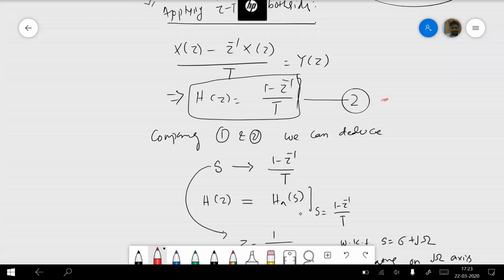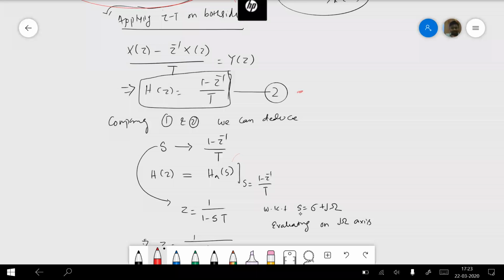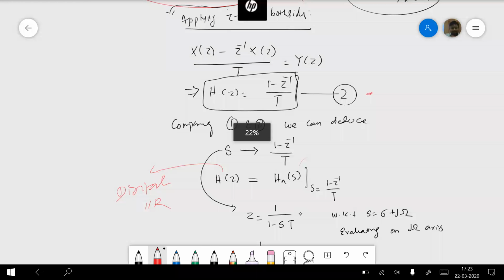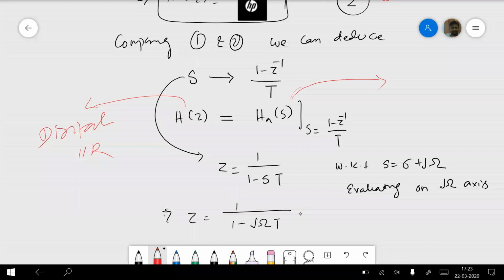That means we can say that my mapping of H of z, which is my digital IIR, will be equal to my analog IIR taken into consideration, where I am replacing the function s with 1 minus z inverse divided by t. Okay, that's the concept.